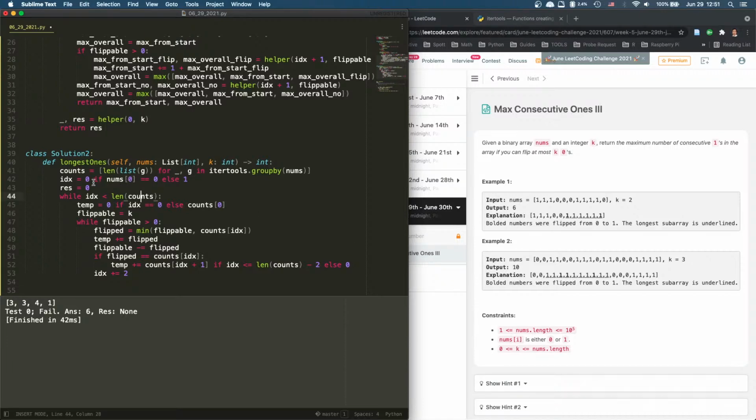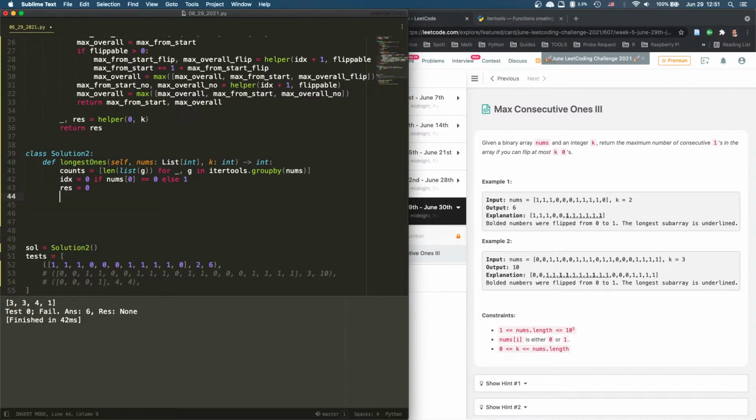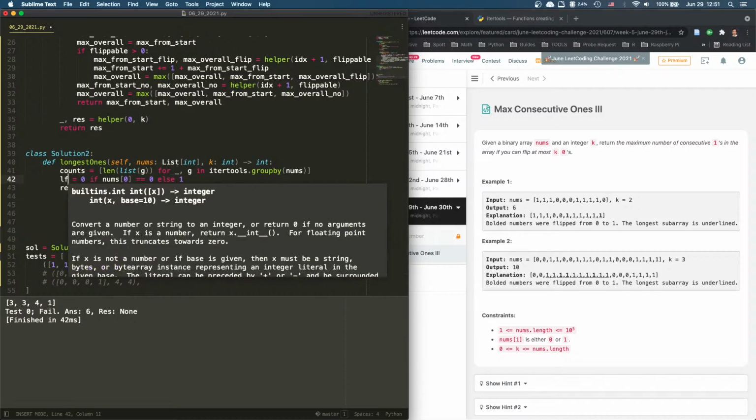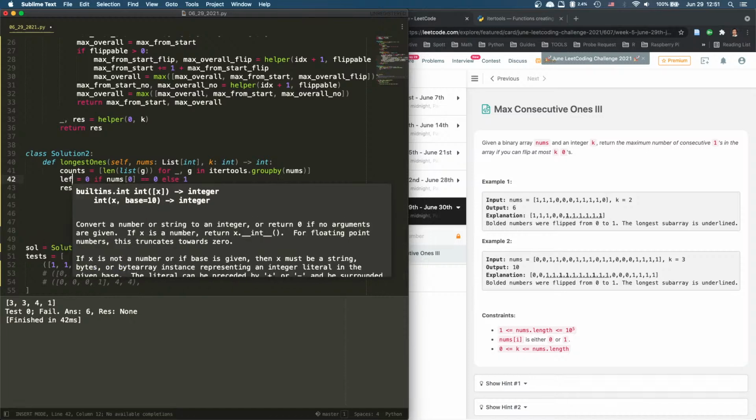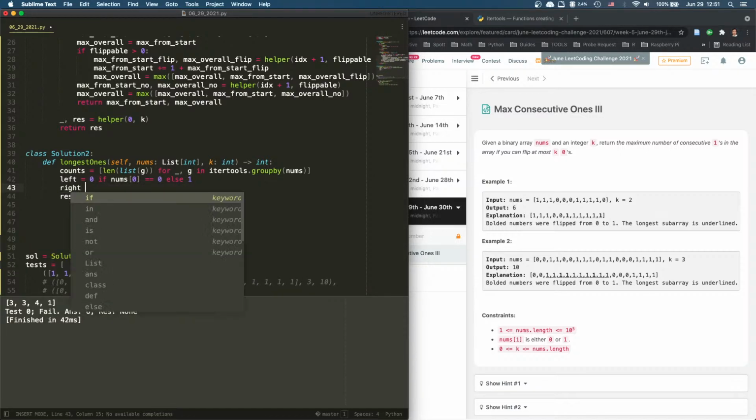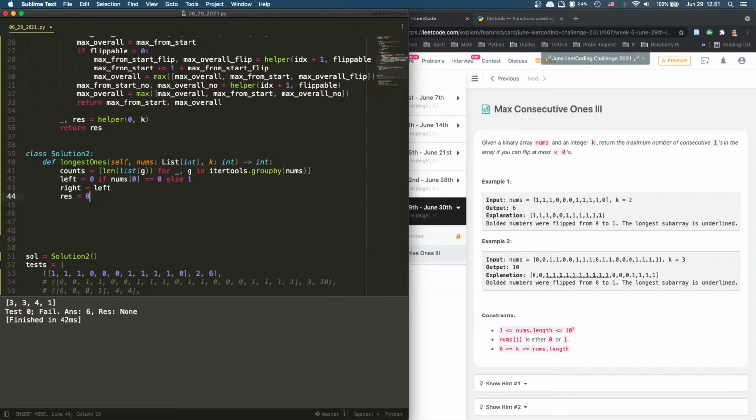So we have an index start, but I think it would be better if we go with left and right. So we say left is this, right equals left. So initially these two are the same, right? And then the rest is going to be 0 here.